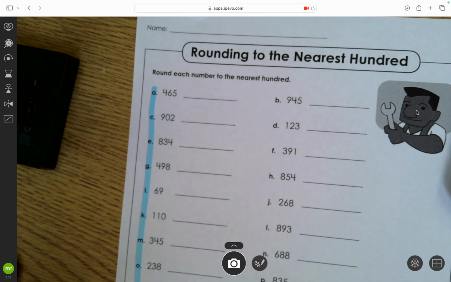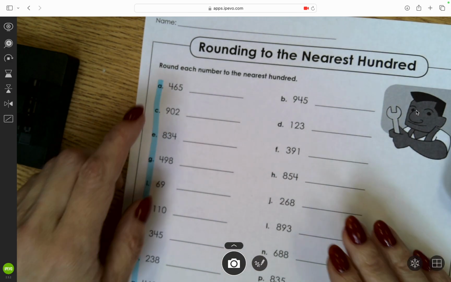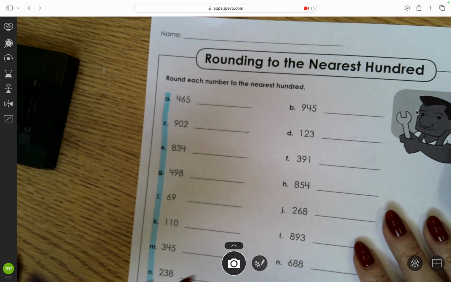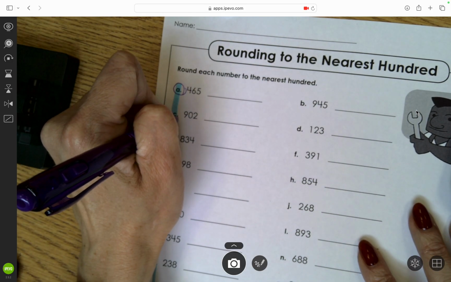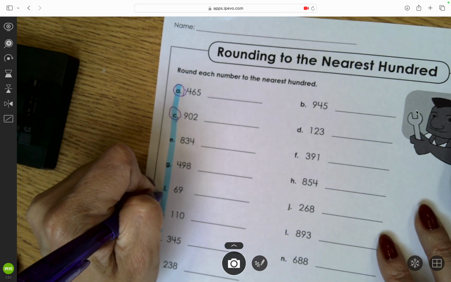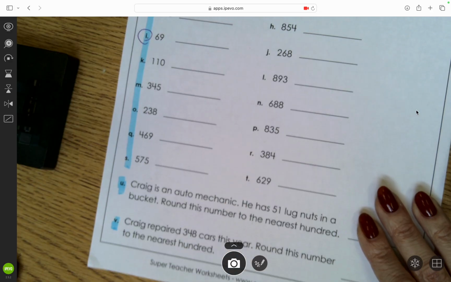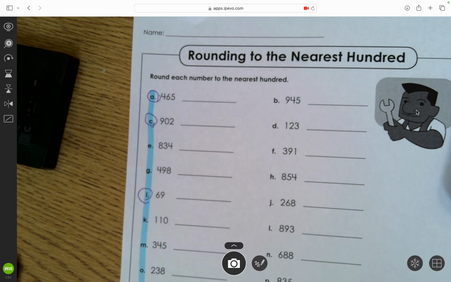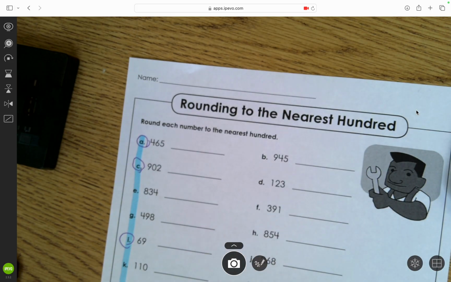So let's get going. I'm going to do with you A, C, and I, okay? And then I'll read you the bottom. All right, let's go. Our wall is round to the nearest 100. That's what we're learning to do.